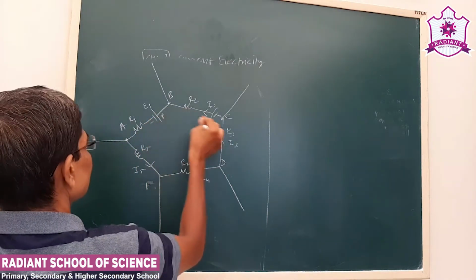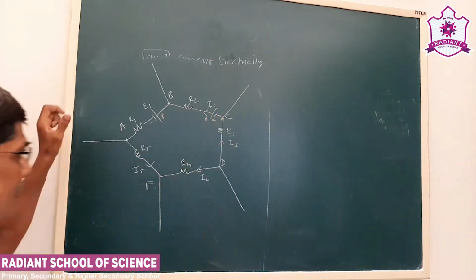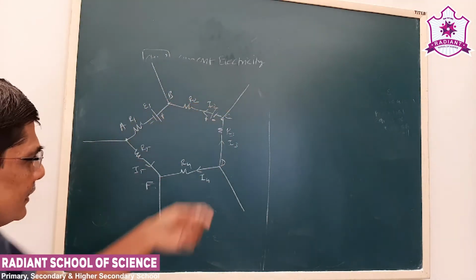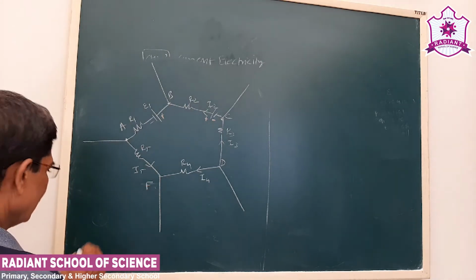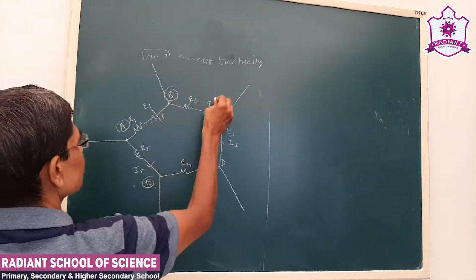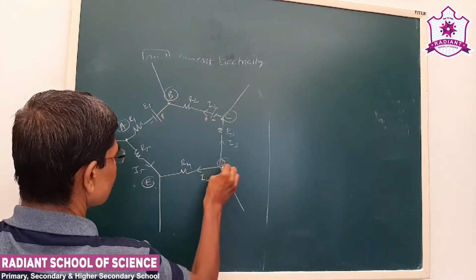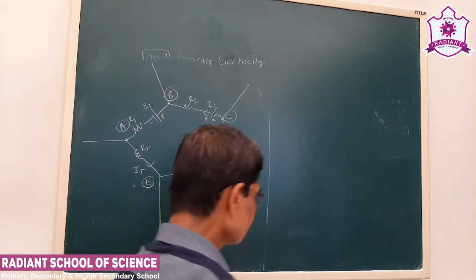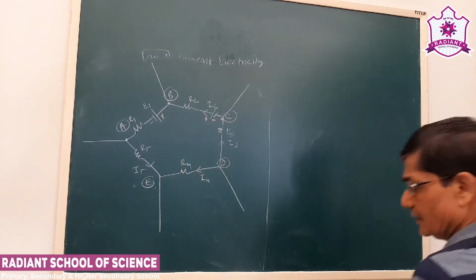the given electric circuit. The loop is A, B, C, D, E, A. Now, we have to write the equation for this given circuit.